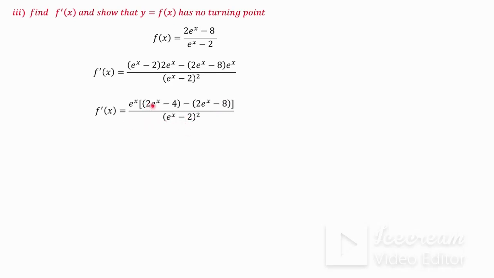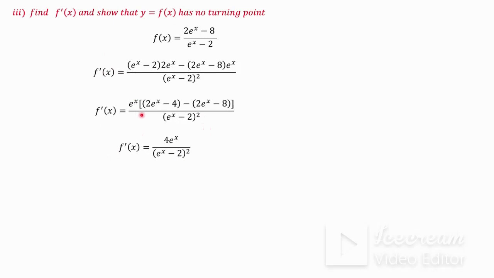We can see that 2 exponential of x minus 2 exponential of x gives us 0, and negative 4 minus negative 8 gives us 4. So in the numerator we obtain 4 exponential of x, divided by (exponential of x minus 2) all squared.